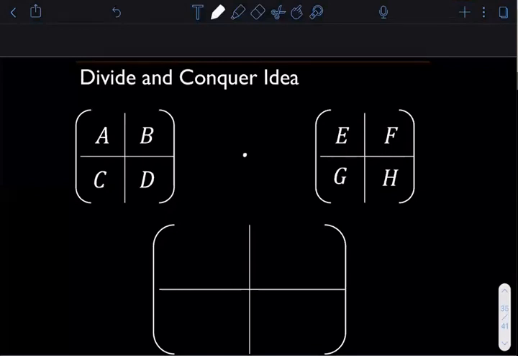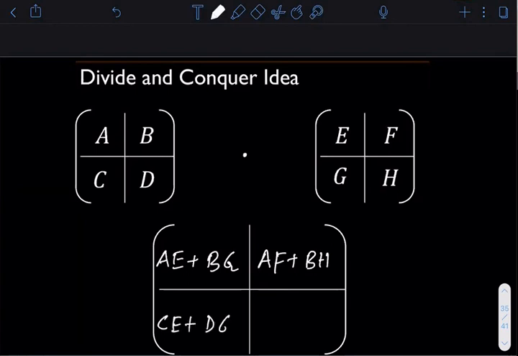The northwest corner is going to be exactly AE plus BG. The next one is going to be AF plus BH. This is going to be CE plus DG. And the last one is going to be CF plus DH.